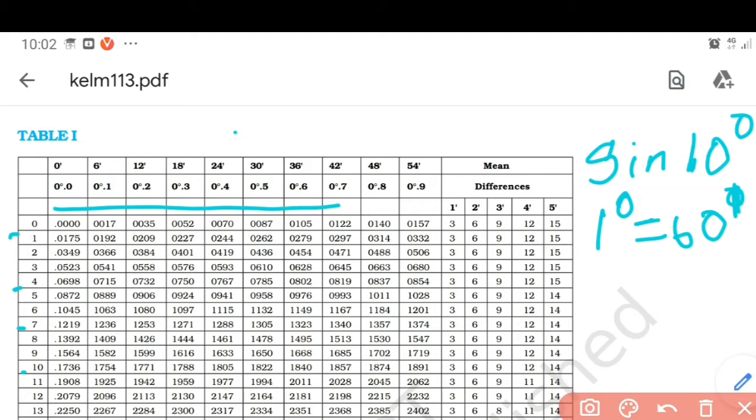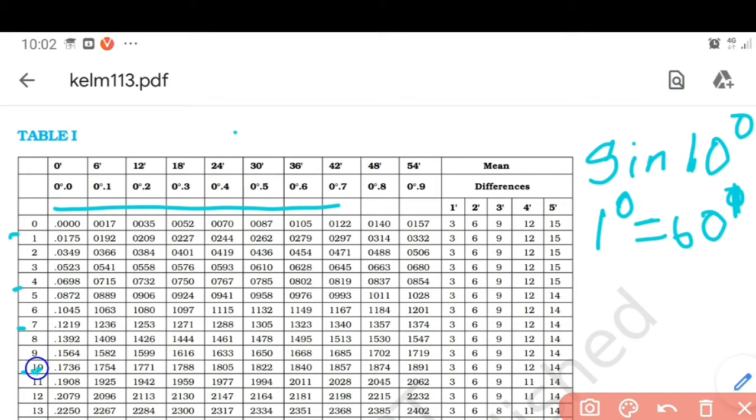Now how to find that sine 10 degree? You have to look in the left hand side margin and locate the row with 10, that is 10 degree.